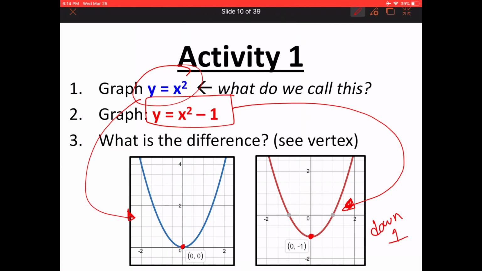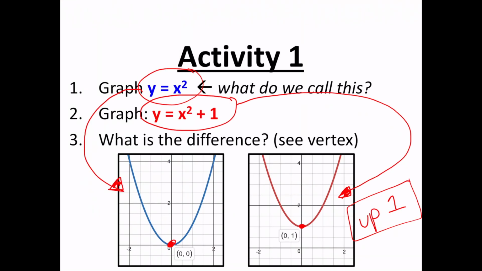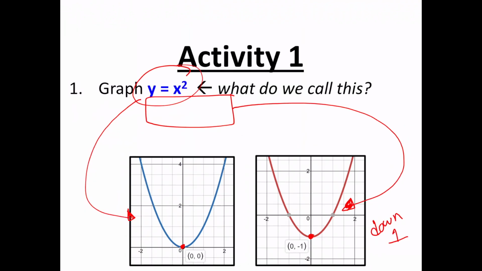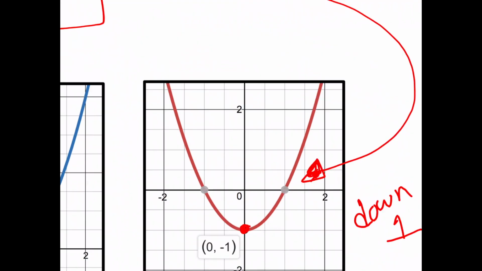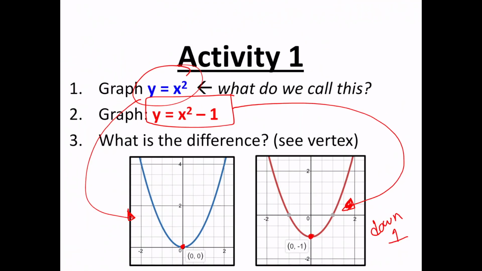And do we have any conjectures already as to why? In my previous activity, notice my second one said plus 1, right? In step number 2, it says to graph x squared plus 1. Now, I'm graphing x squared minus 1. And so that's why in the last activity we went up 1, in this one we are now going down 1.